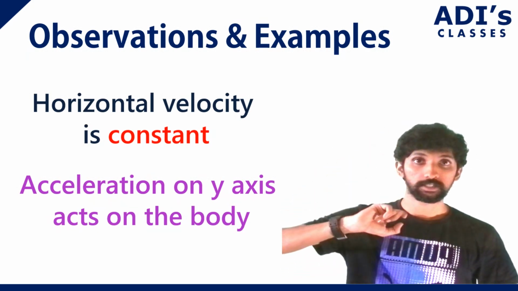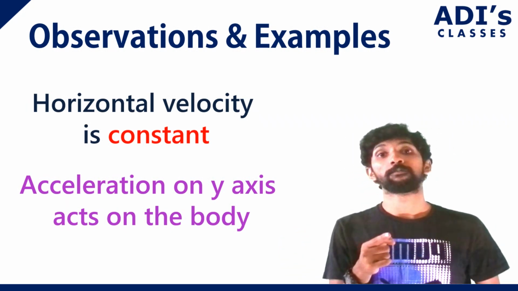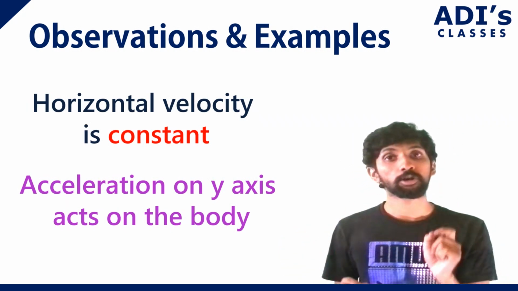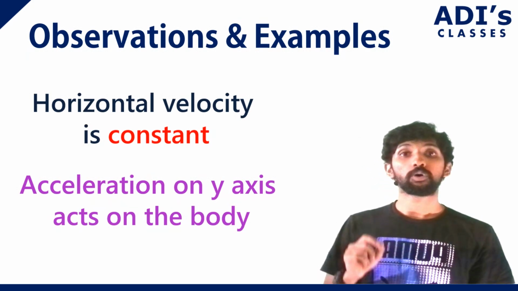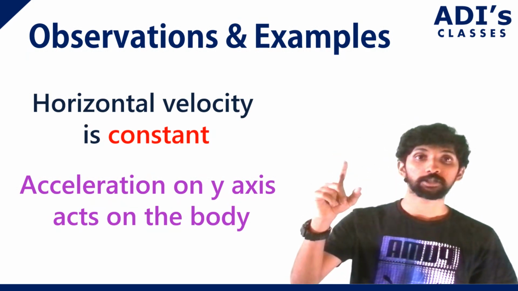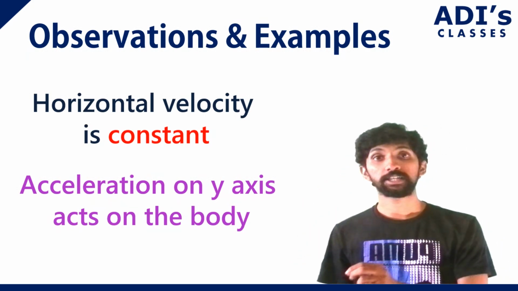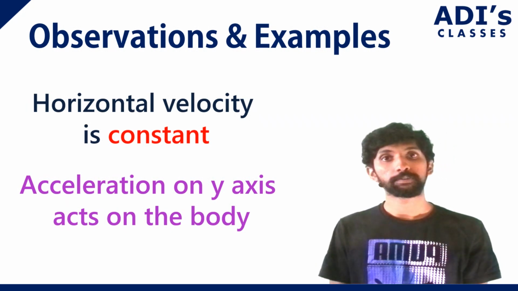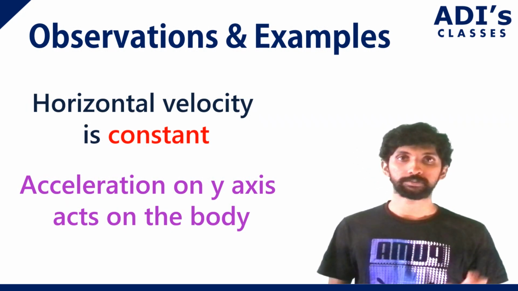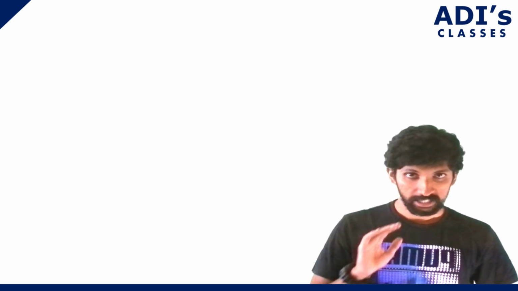Only the acceleration on the y-axis is acting on the object, not on the x-axis. So only Fy comes into the picture, not Fx. The acceleration along a particular axis is the only one that comes into the picture in finding the force on an object along that axis.